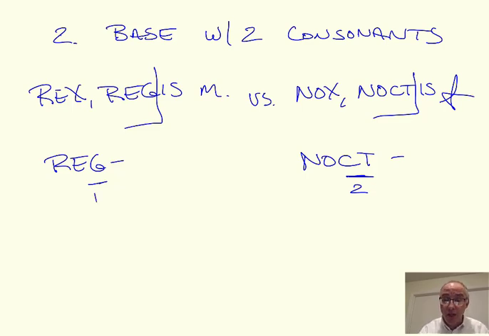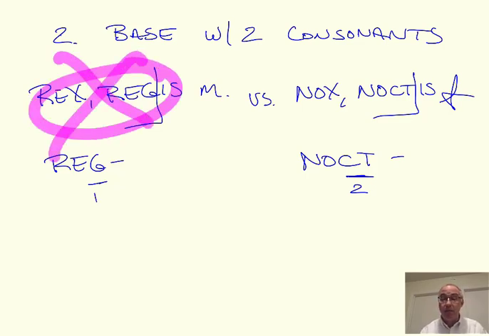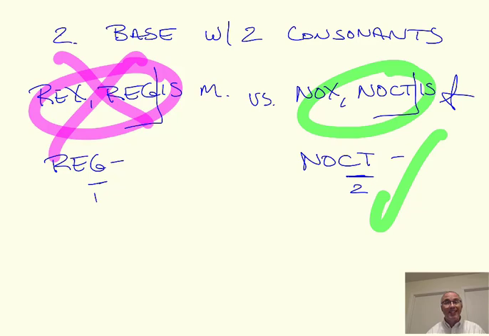That's it. This, whoa, wrong one, wrong color. Bear with me. This is not an I stem. This one is. What is the basis of that? The stem ends in two consonants.